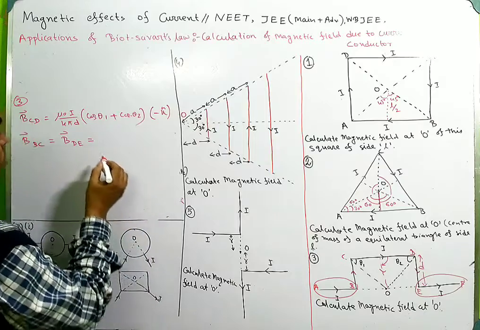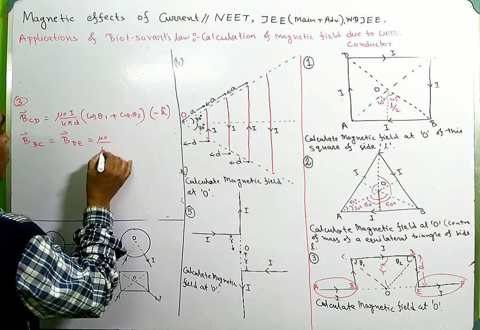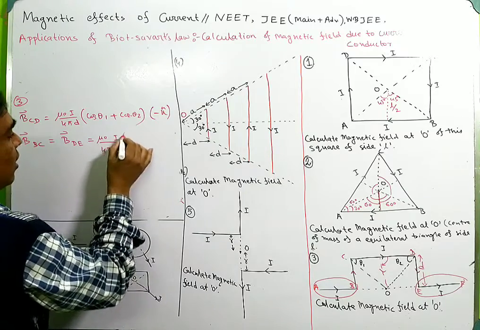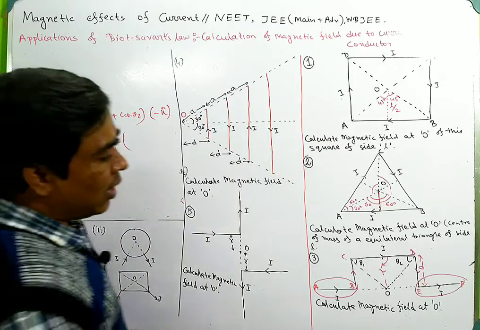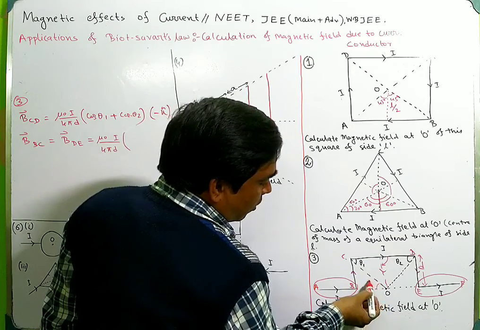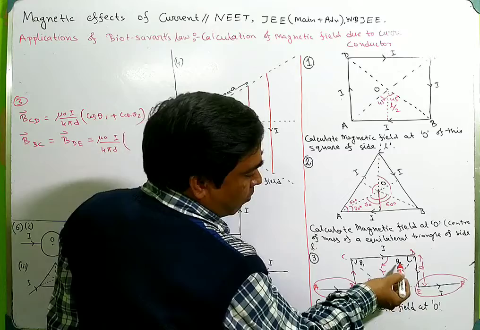So it will be mu 0 by 4 pi d into I into, if this is theta 1, and this is theta 2.